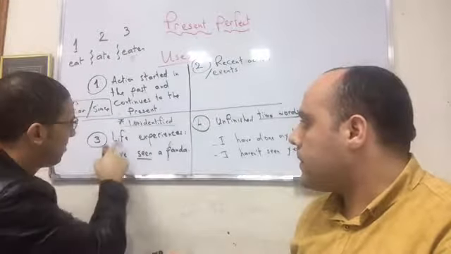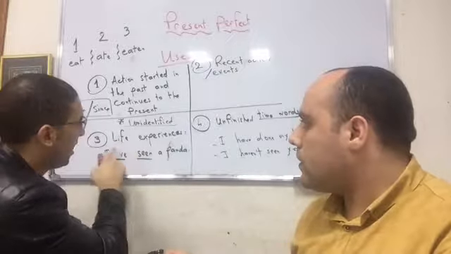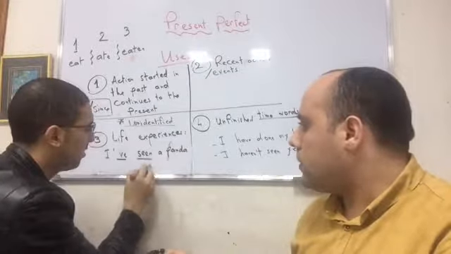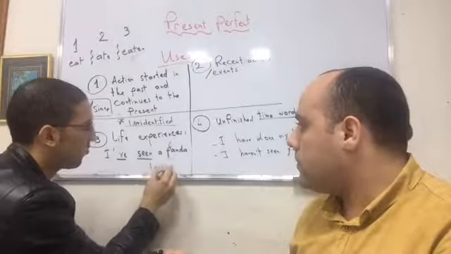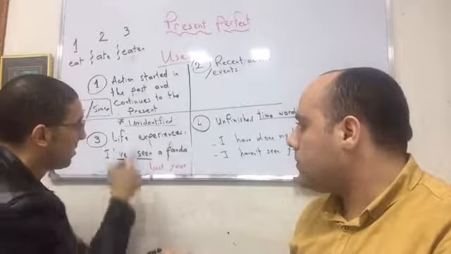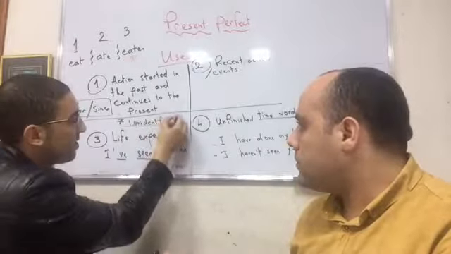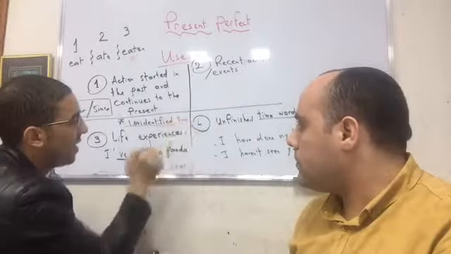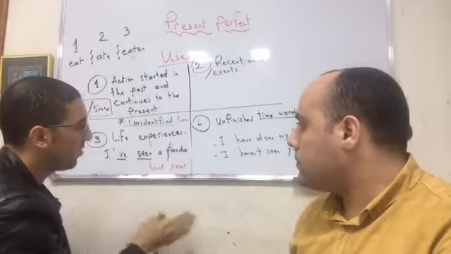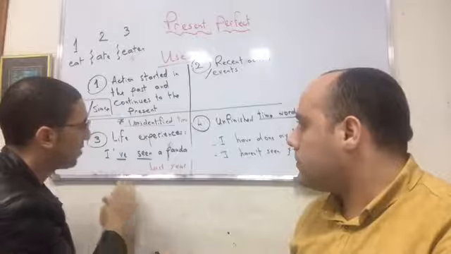It's important: you never say I have seen a panda last year. Don't say this. This is wrong. The time is unidentified. You don't say last year, in 2017. You never use any time expressions with the present perfect.